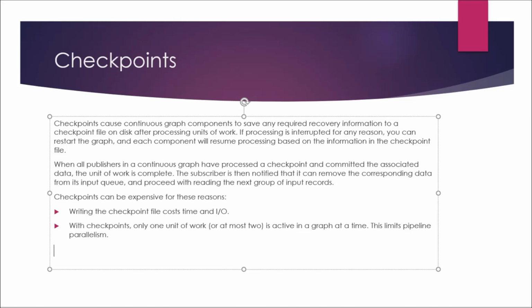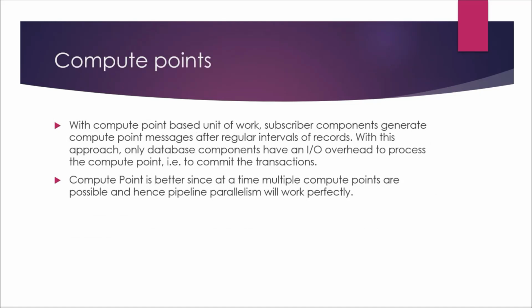For example, if we have defined the unit of work as a group of 3 records, then the subscriber component will send only 3 records at a time, and the rest of the records will remain in the queue, hence pipeline parallelism is limited when we use checkpoints. These are some disadvantages of using checkpoints. However, it has advantages when it comes to recovery. So this is all about checkpoints.